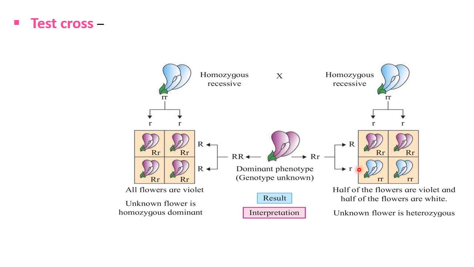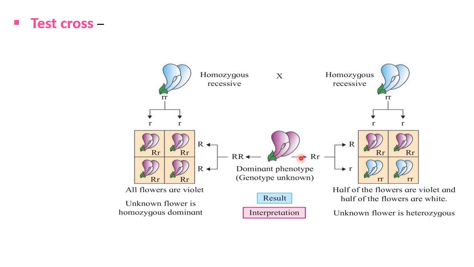Then small r, small r, producing homozygous recessive white flowers, and again small r, small r, producing homozygous recessive white flowers. So half of the flowers are violet while half are white, in the ratio 1:1. Hence, the detected genotype of this violet flower is heterozygous.